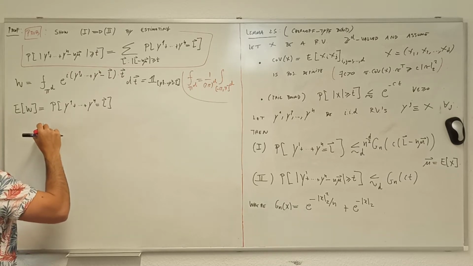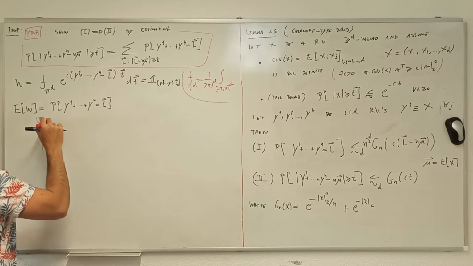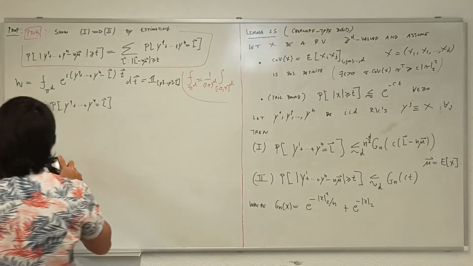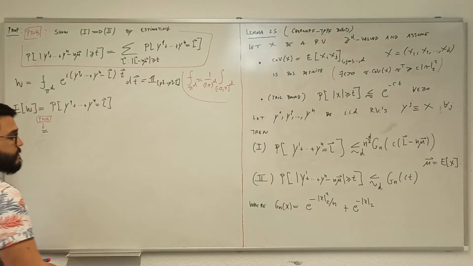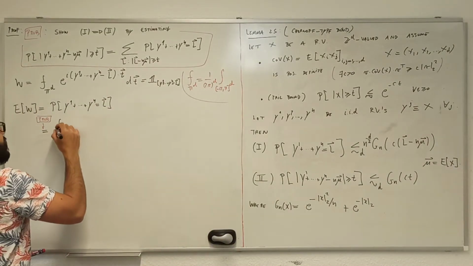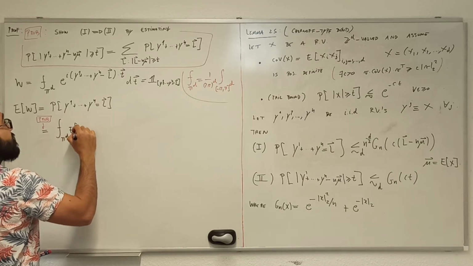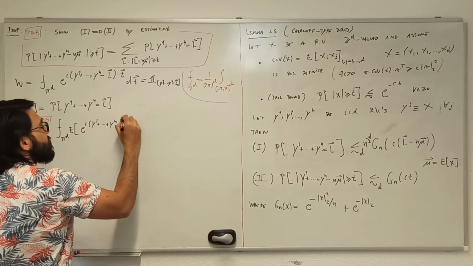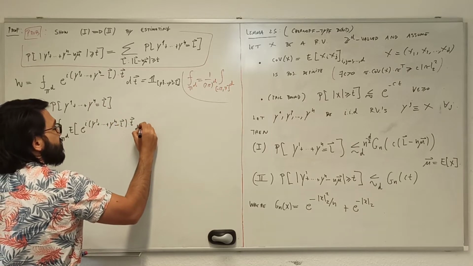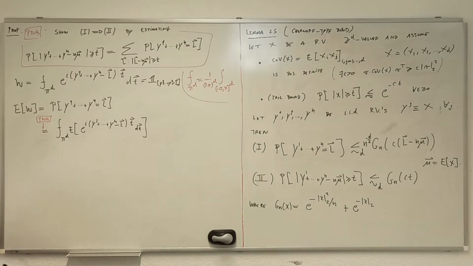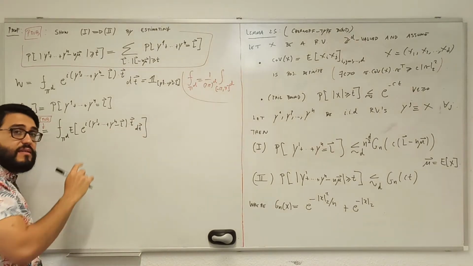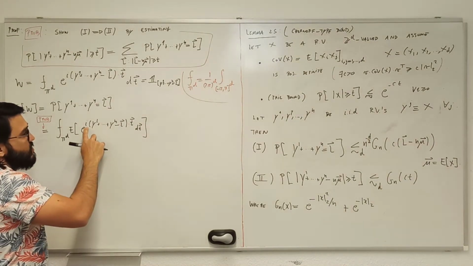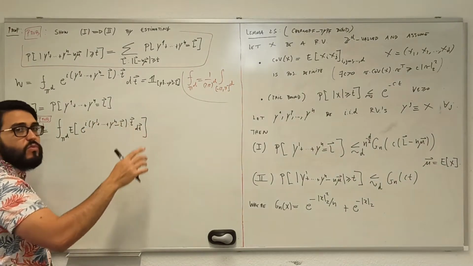Maybe I should put it like here. Leave that as another problem, to show that we can commute. Okay, but these variables are independent, and this is a product, because this is e to y1 times e to y2 and so on.